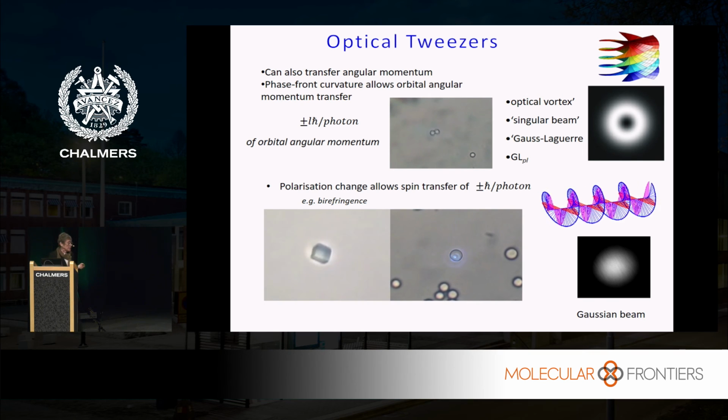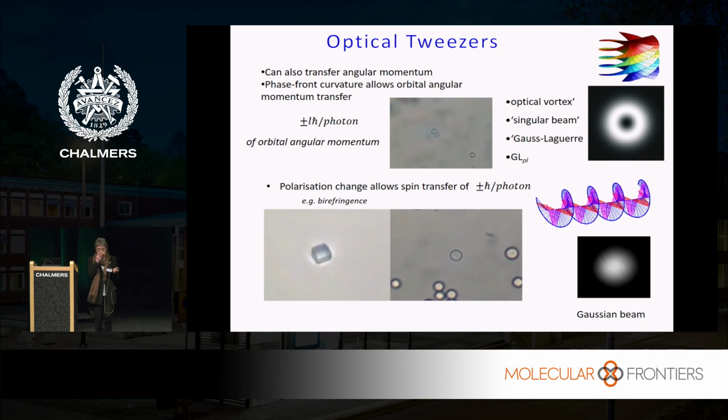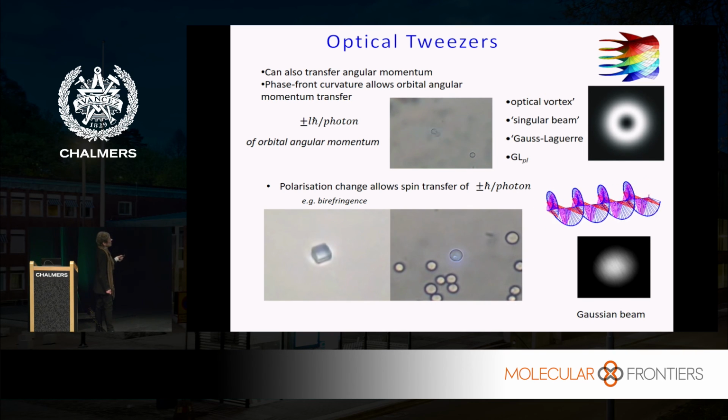Okay, so I was telling you at the very beginning that we can also play with light and give it orbital angular momentum. What it means is that the light is carrying orbital angular momentum of a certain type. It can be either spin angular momentum or orbital angular momentum.